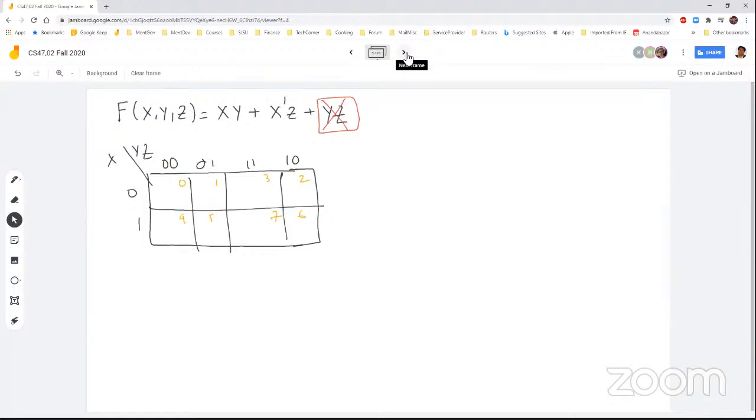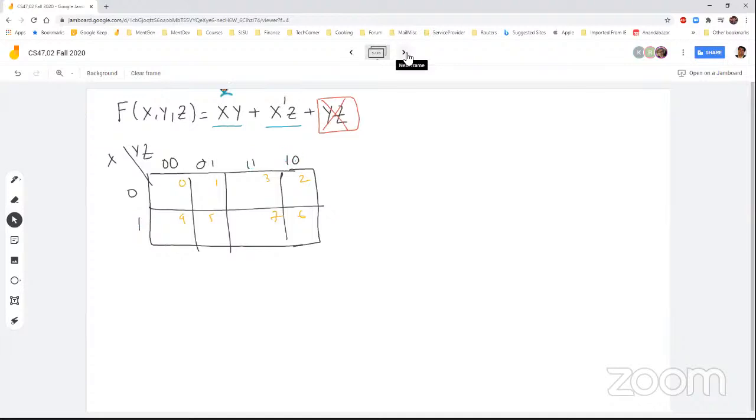Now, what would be the group in this K-map that gives rise to xy? That means x at 1 and y at 1, but z varying.